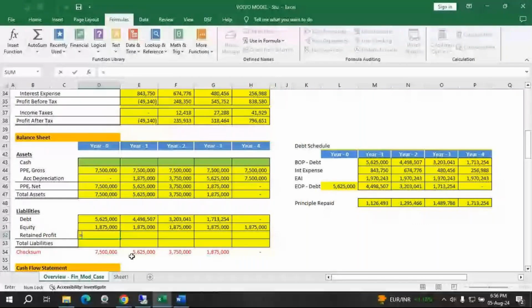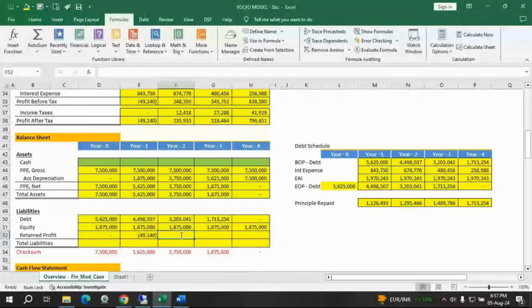For the second year, it will be the previous year value plus the profit after tax. The previous year retained profit is nothing, so I'll take 0, plus the profit after tax. The first year is a loss. So next year equals the previous year value plus the profit after tax. I'll come here and drag.